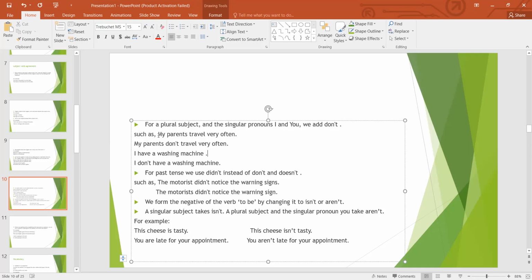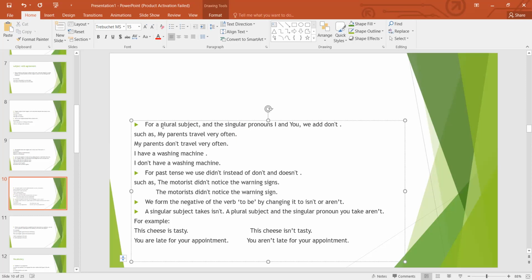For example, my parents travel very often. But when we form this sentence in a negative way, we say my parents don't travel very often. Why? We use don't because we mention a plural subject. My parents is plural.